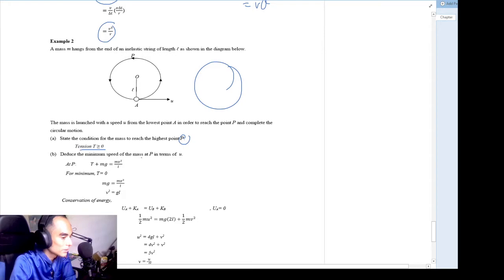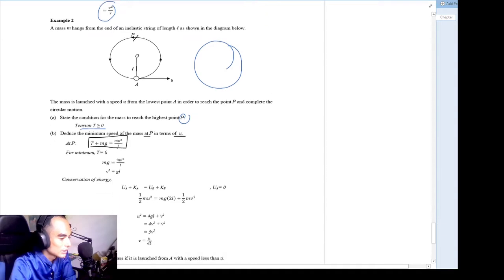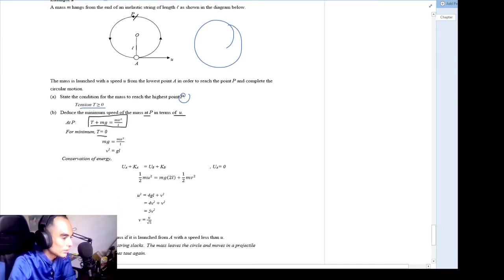Deduce the minimum speed of the mass at P in terms of u. At P, we have derived T plus mg equals mv squared over L. For minimum, T equals 0, so mg equals mv squared over L, so v squared equals gL.